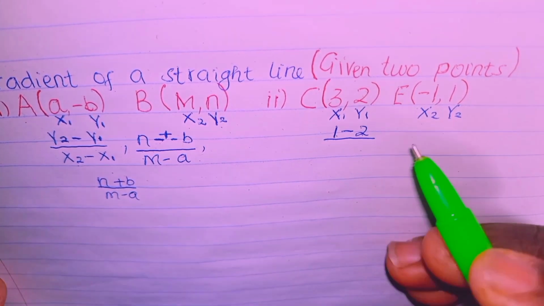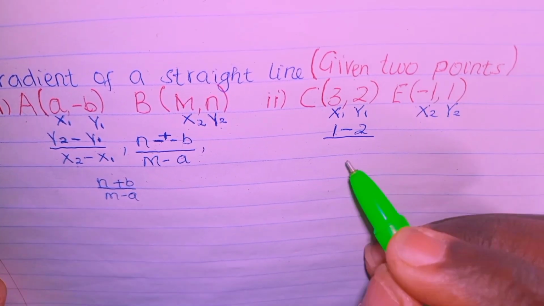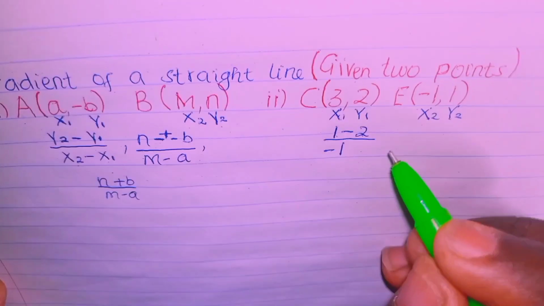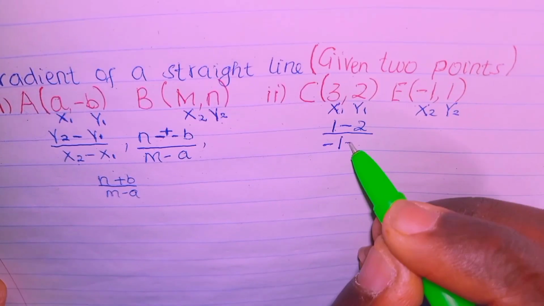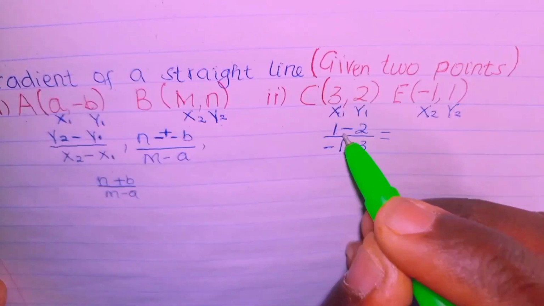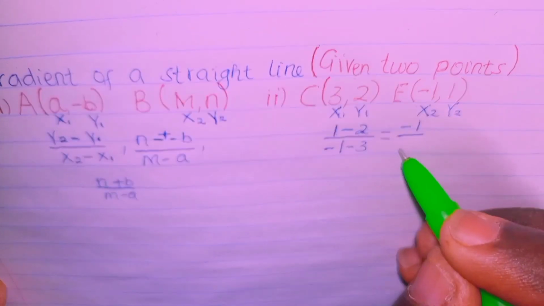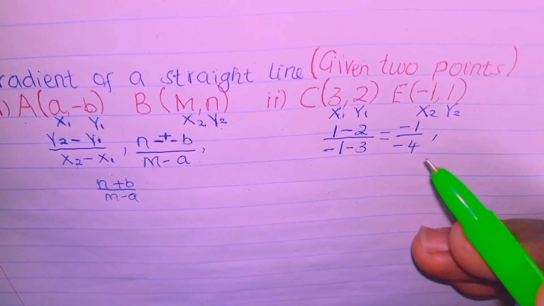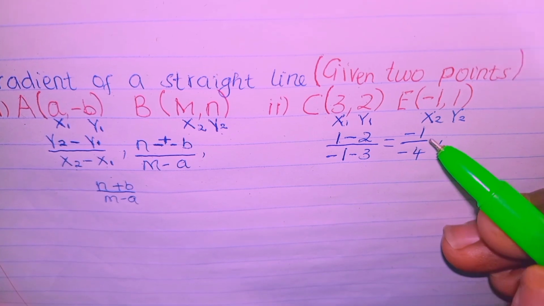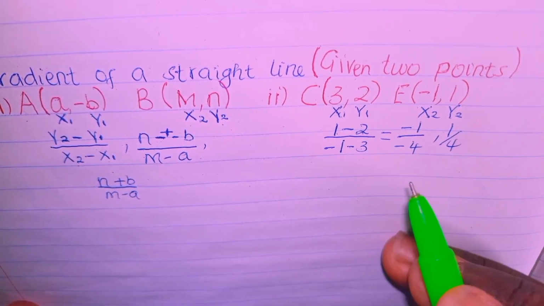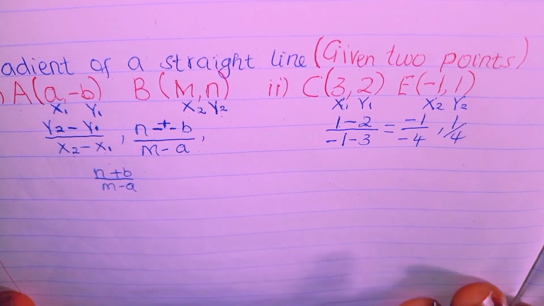This is the change in y coordinate. Our x2 is negative 1, our x1 is 3, so minus 3. This gives us negative 1 over negative 4, which simplifies to a quarter. So our gradient for that case is a quarter.